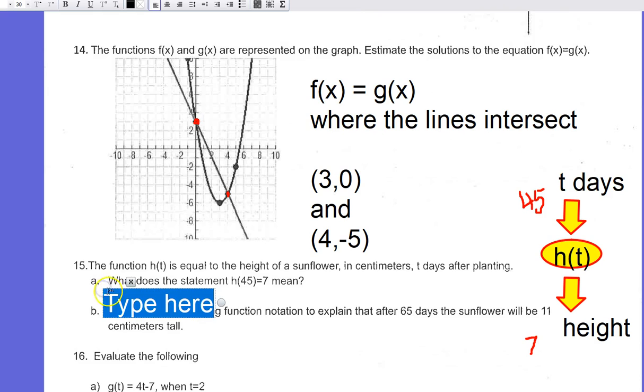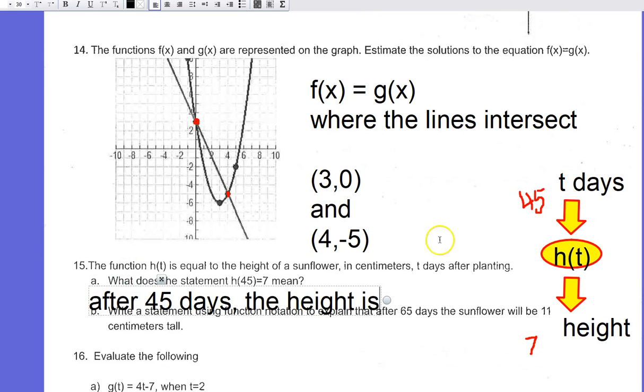So it means after 45 days, the height is 7. If you input 45, the output is 7. And it doesn't give us a unit, so it must be 7 centimeters.